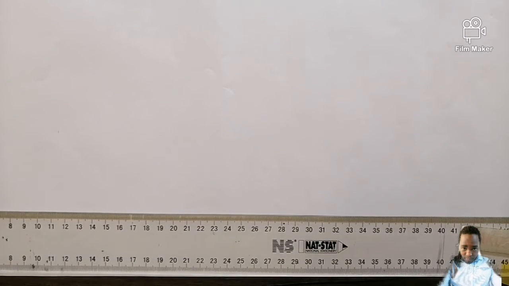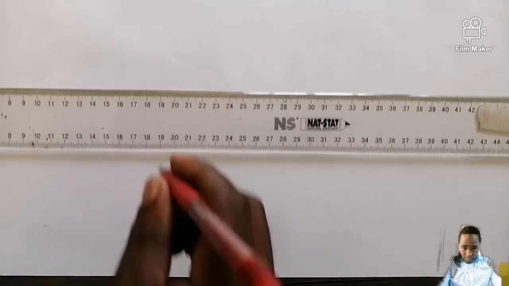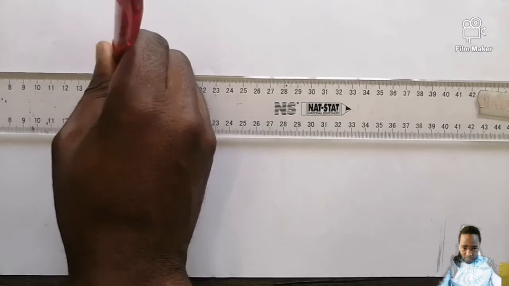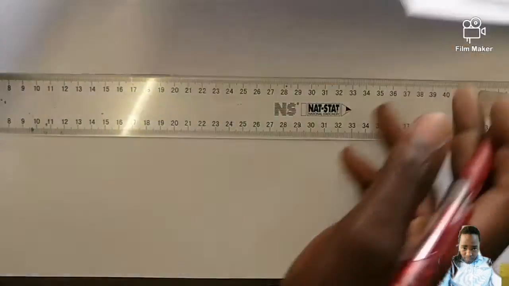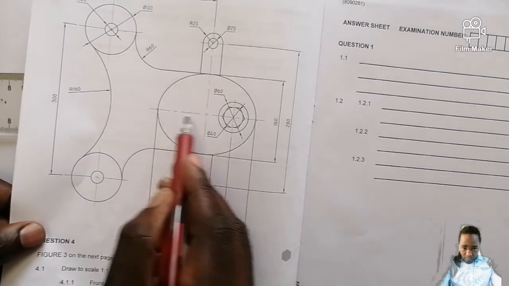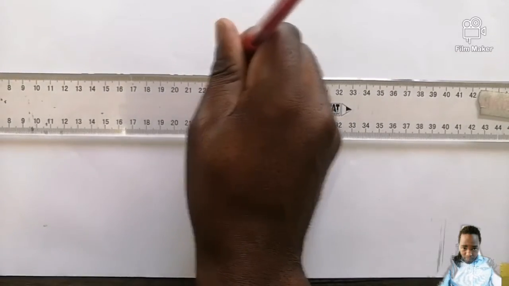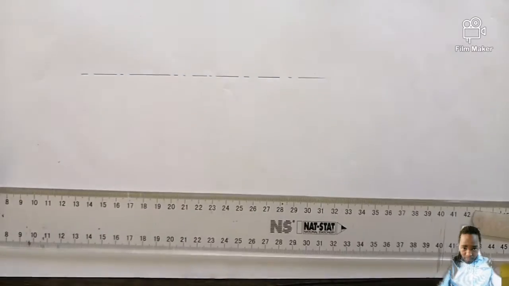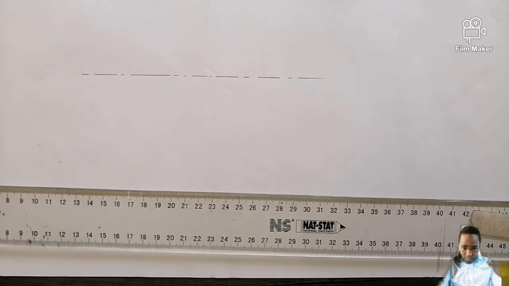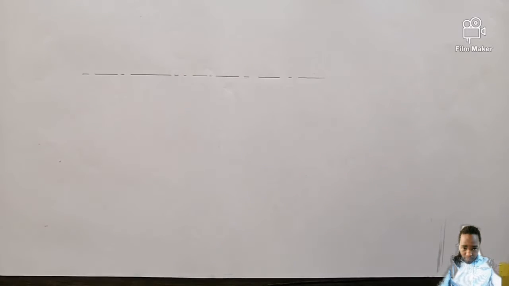With your paper aligned, I am going to start with the horizontal center line, which is this one: long, short, long, short, long, short, long. That's how we draw a center line, and this center line is out of dimension.